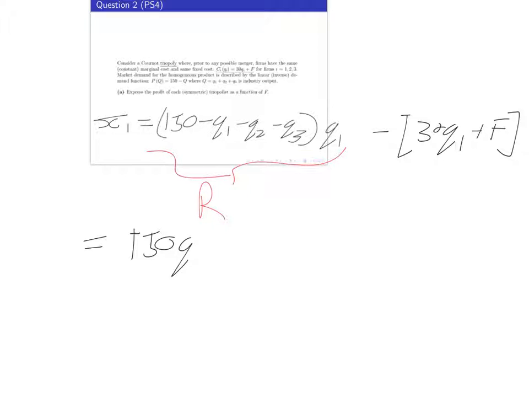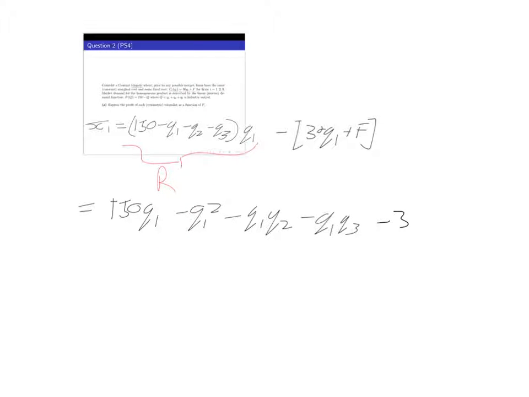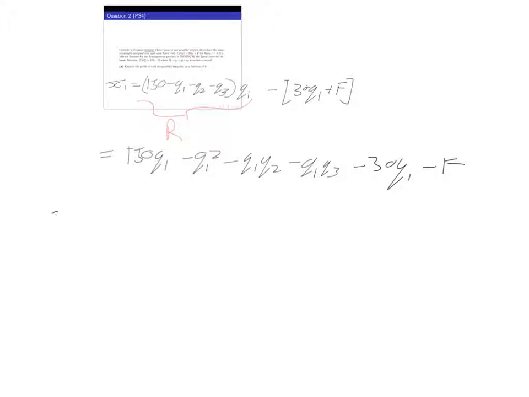So this is revenue, minus 30 Q1, minus F, and then expanding it out, minus Q1 Q2 minus Q1 Q3, minus 30 Q1 minus F. So that's the profit function of the first firm.